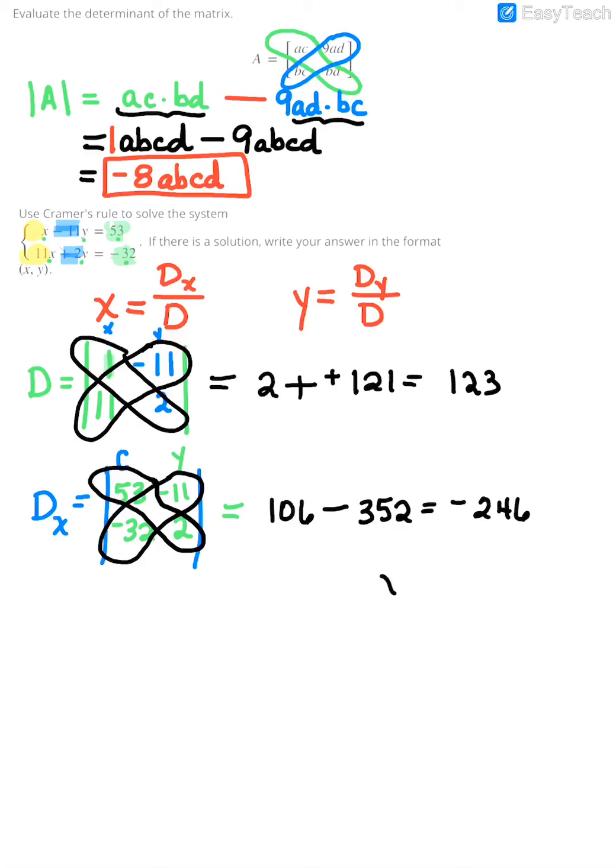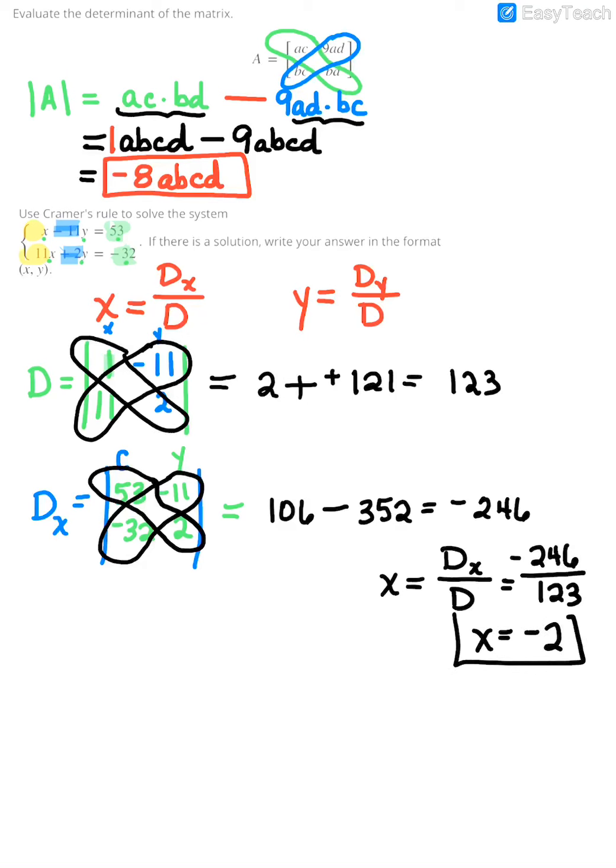So actually at this point, x is the value of your determinant with respect to x divided by your determinant. If we take negative 246 divided by positive 123, we see in this case that x has a value of negative 2.